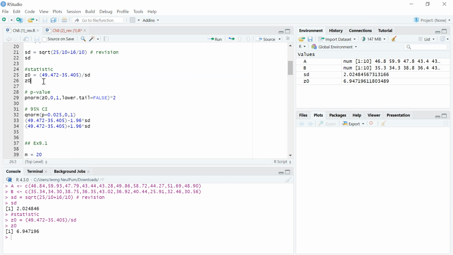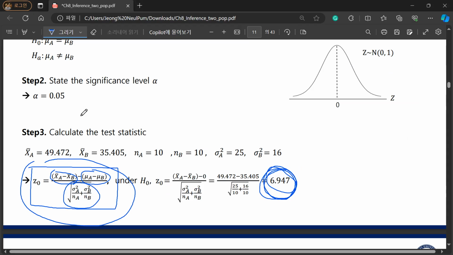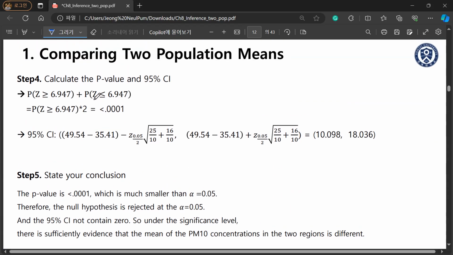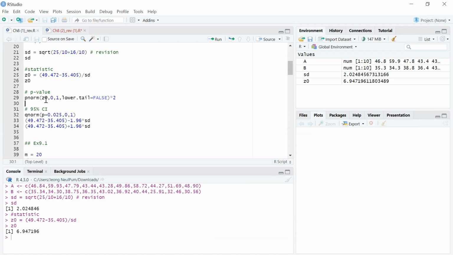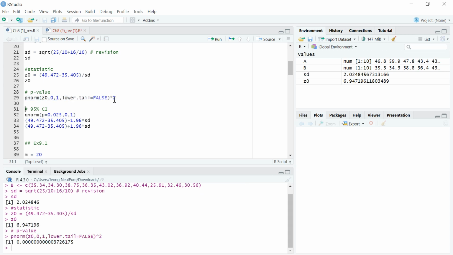So it is very convenient, as you can see, and we want to get the p-value here and the 95% confidence interval. As I already know, because we are dealing with a two-sided test, we have to multiply the result of the p-norm by 2, which is the p-value in this situation. So it is very much less than the significance level, which is 0.05.